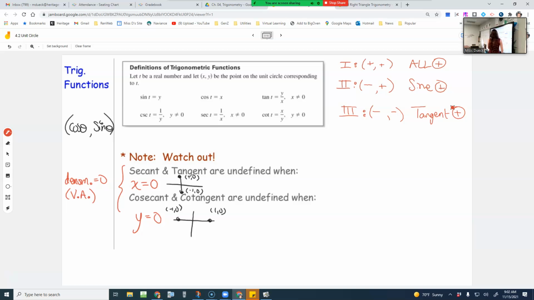And then quadrant 4, move there. Who's negative? The x is positive, the y is negative, so which trig is going to be positive? Cosine and his reciprocal. So from last year, yes, this might be a great thing to write in your notes, whether on the quadrants or in the unit circle itself.